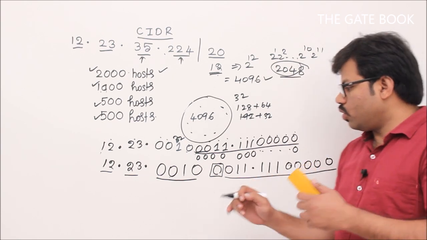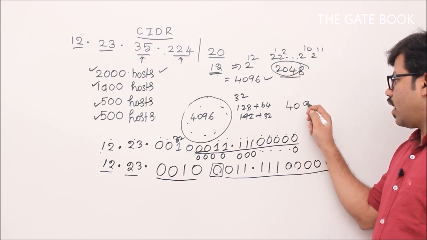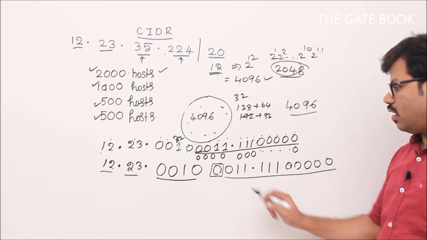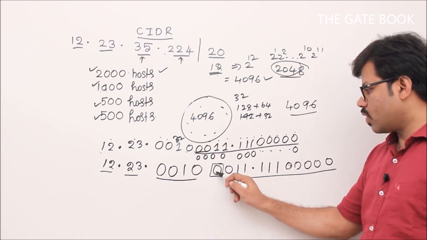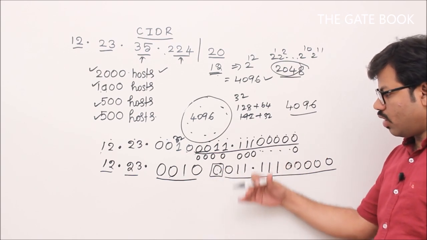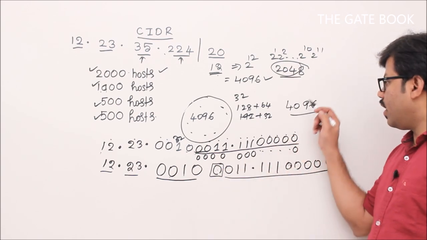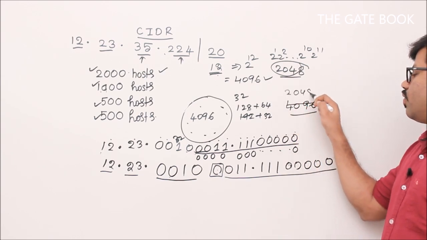So what I am going to do, you understand, actually the authority gave you 4096 consecutive addresses, right? So that's why you got 8 plus 4, 12 bits. See this bit and these 11 bits. Out of 12 bits, out of 4096 addresses, we are dividing now into 2 parts. One is 2048, second one 2048.